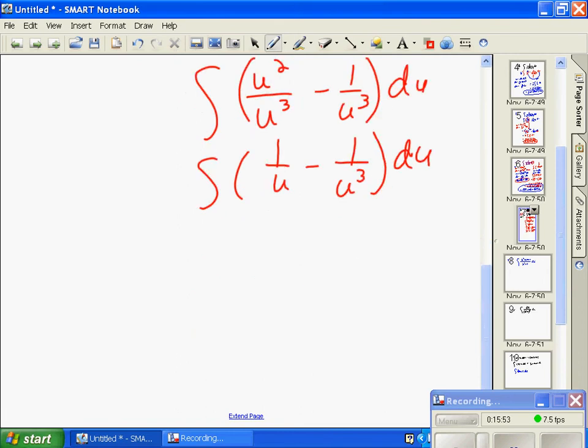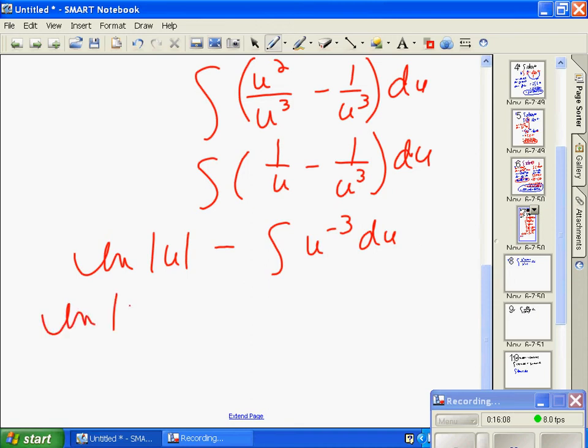Well, the first one I know is just going to be the natural log of the absolute value of u. And then I have the integral of u to the negative 3 du. That's not a natural log problem. That's just a power rule. Natural log of the absolute value of u minus, then I'd have u to the negative 2 over negative 2 plus c.